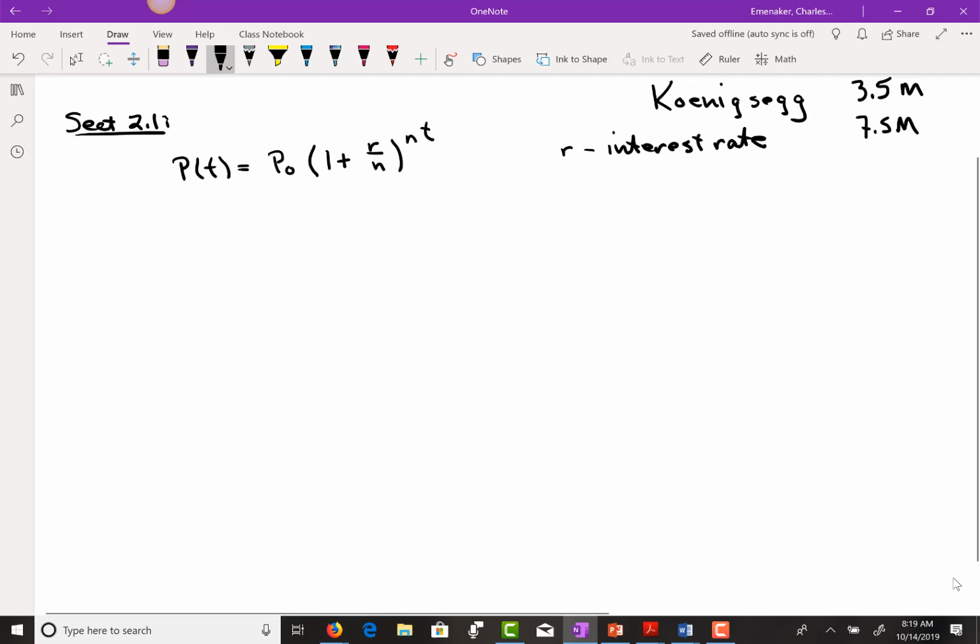Okay, so the interest rate is going to be as a decimal. t is going to be the time in years. n is going to be the number of times per year that interest is compounded. And we've already talked about P sub 0. P sub 0 is the amount to start.